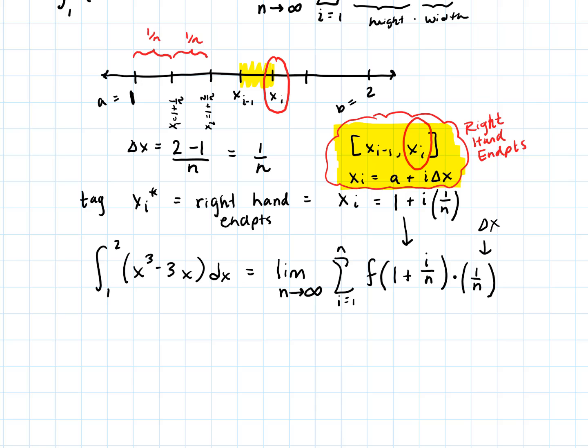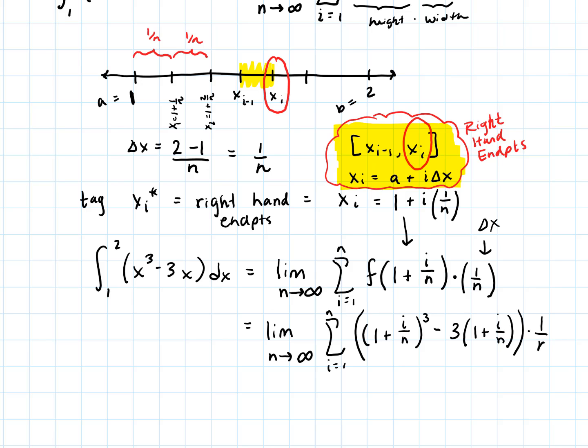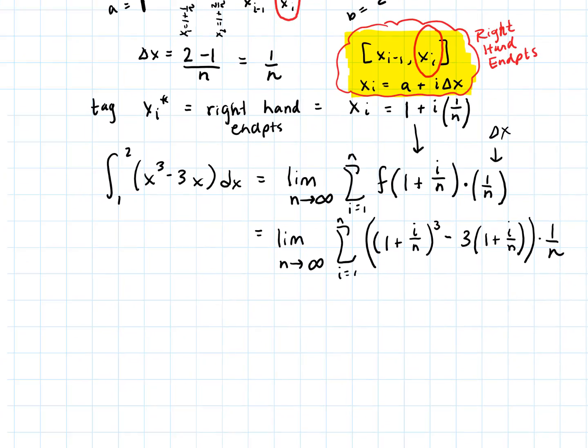Okay. Now let's go ahead and plug that in. We're going to ultimately evaluate that sum and take the limit, but before we can do that, we've got to plug that expression in: 1 plus i over n, cubed, minus 3 times 1 plus i over n, times 1 over n.